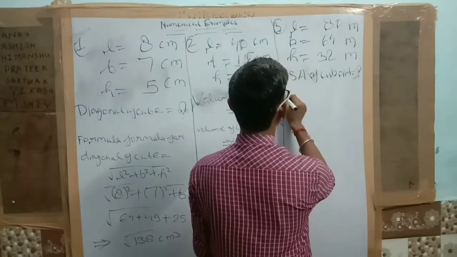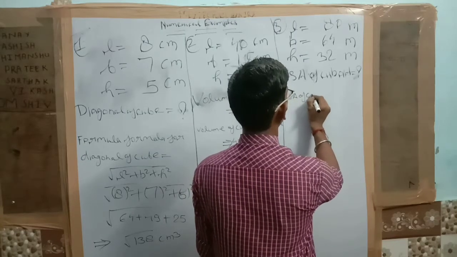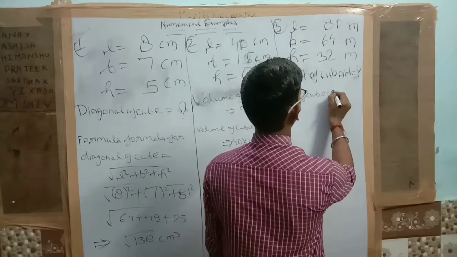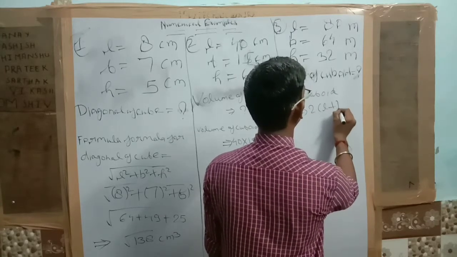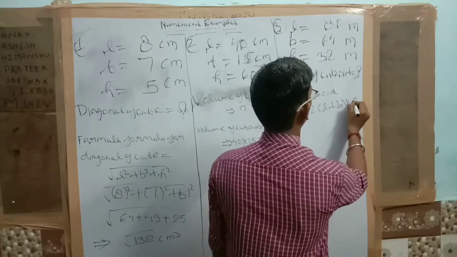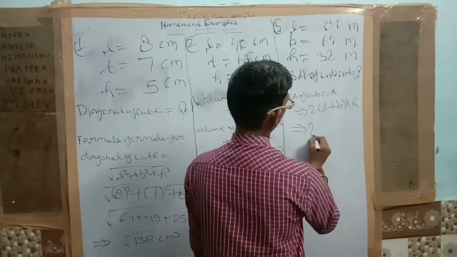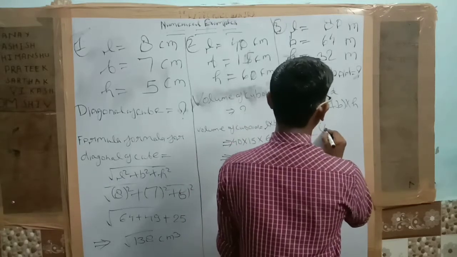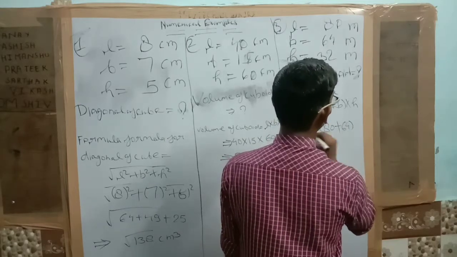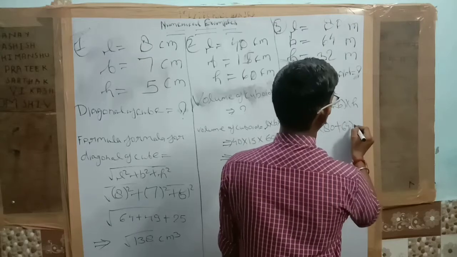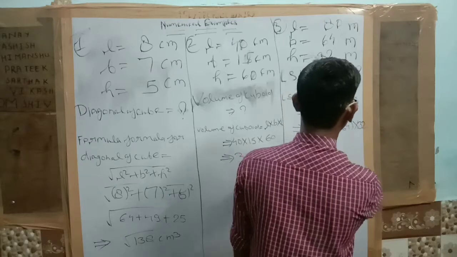So formula of LSA of cuboid equals 2 under bracket L plus B into H. We have 80 in the place of L, 64 in place of breadth, and 32 in place of H.